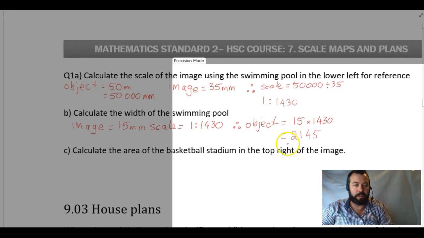Remember, that's in millimeters, and that's equal to 21.45 meters.